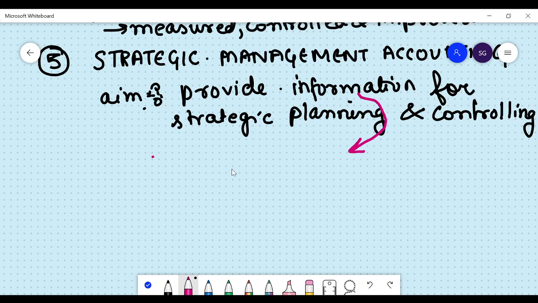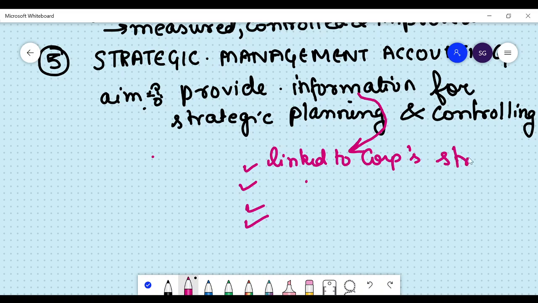So, that information which is provided by strategic management accounting for strategic planning and control must have 4 characteristics. It must be linked to corporation's strategy. It must be forward looking.